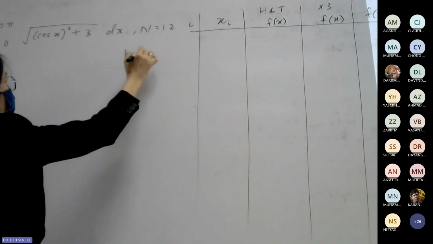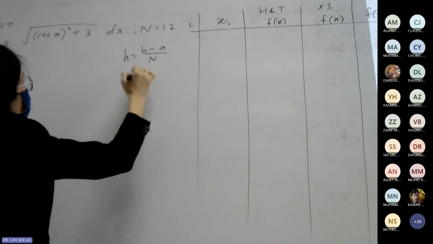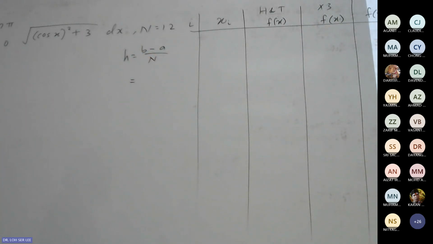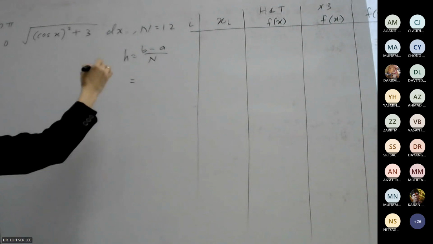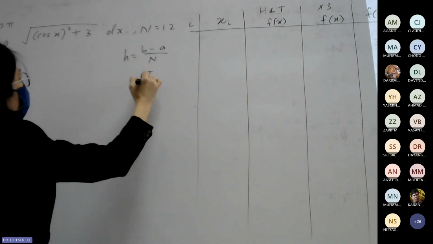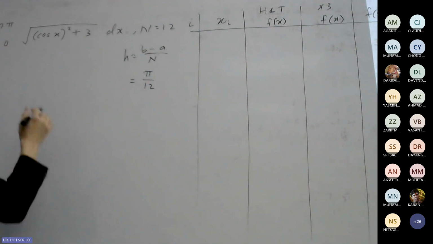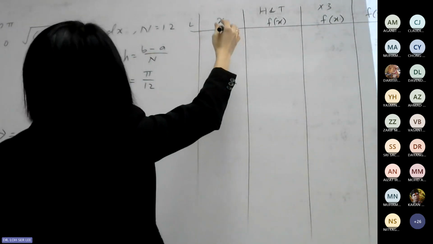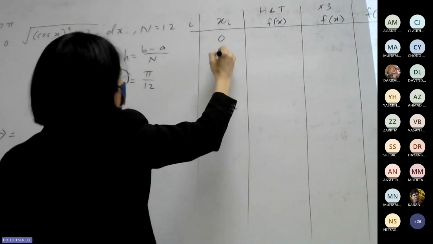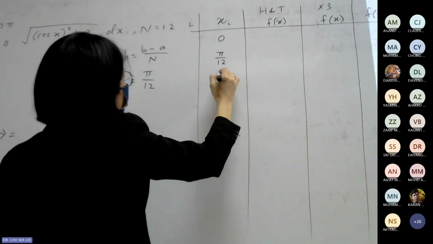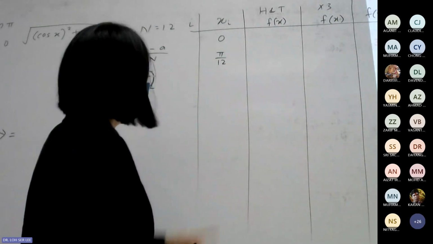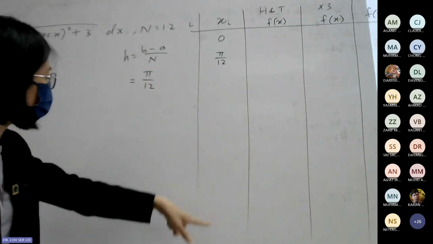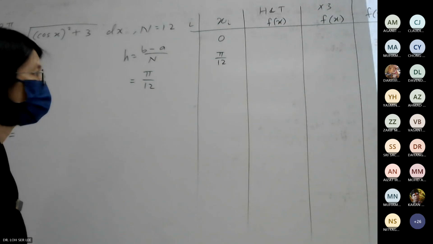Find your h. What is your h? 5/12. So starting from 0, then 5/12. Take plus the pi/12 until pi.